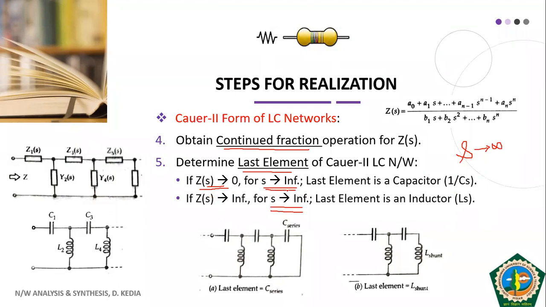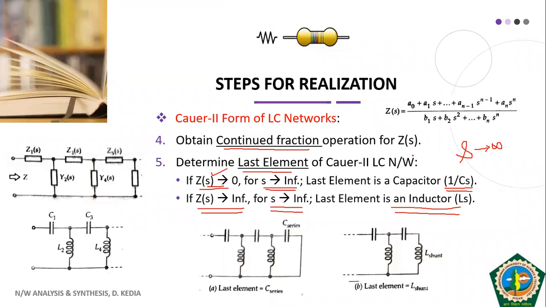So if s tends to infinity and Z(s) tends to 0, in that case, your last element will be capacitor. Whereas if s tends to infinity, Z(s) also tends to infinity, if both are infinity, then your last element will be inductor. Fine.